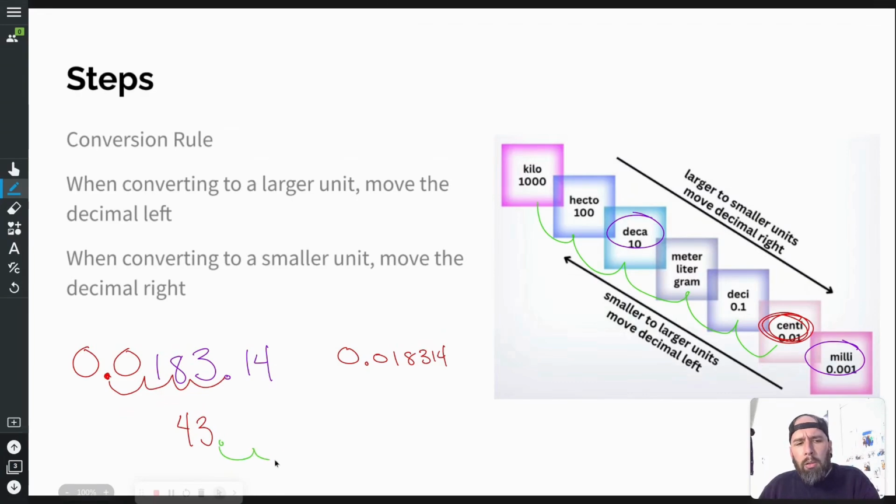So that's 4, 3, 0, 0, 0, 0, 0. Put a comma there, put a comma there. So there are 4,300,000 centimeters in 43 kilometers.